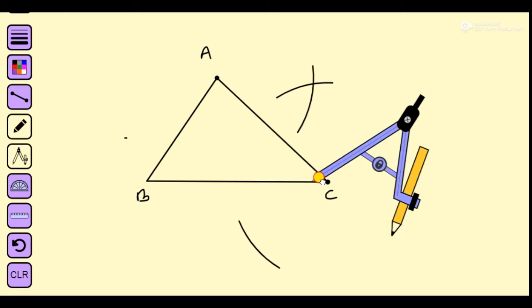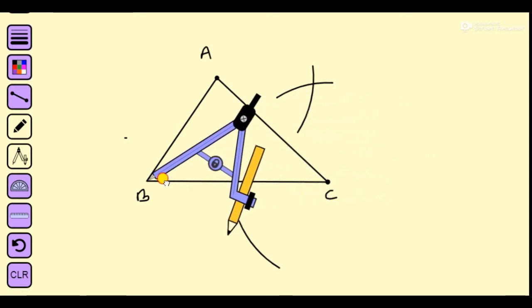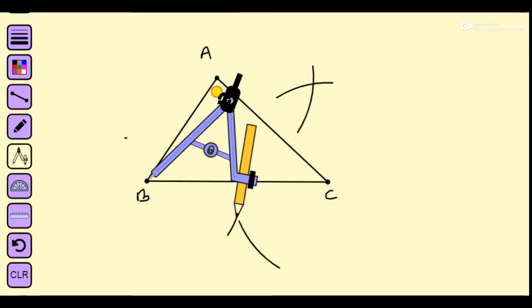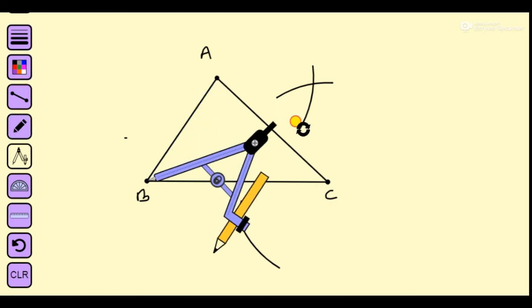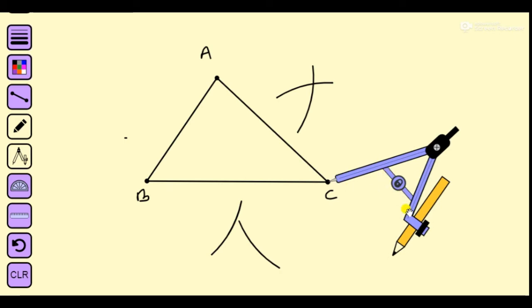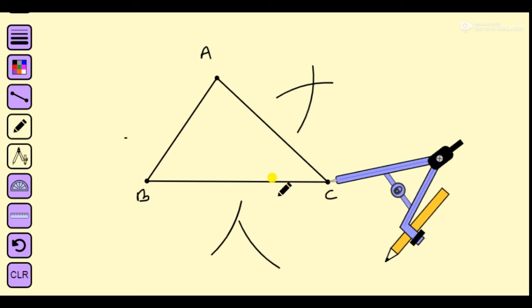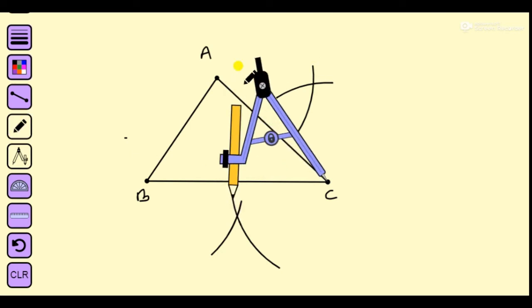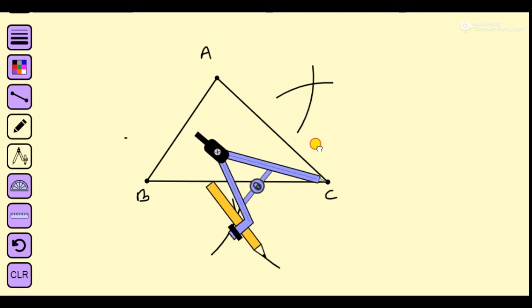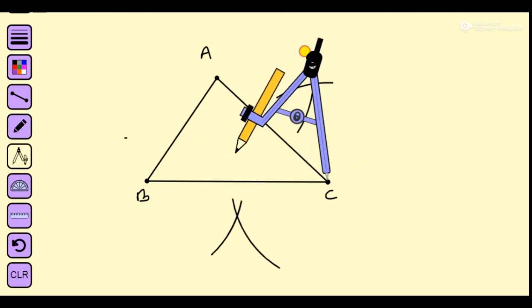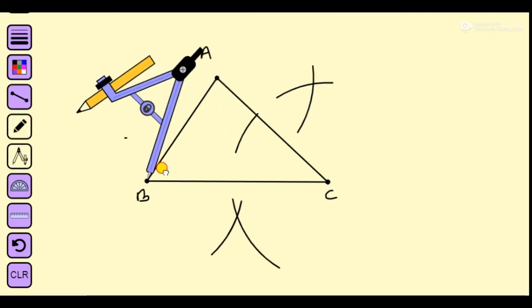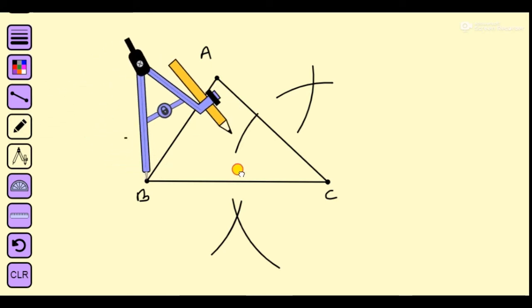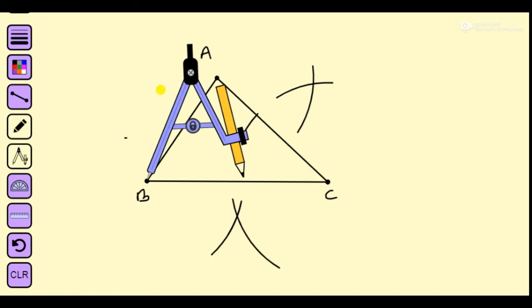It is not completed, so we can put it once again here and take this one like this.